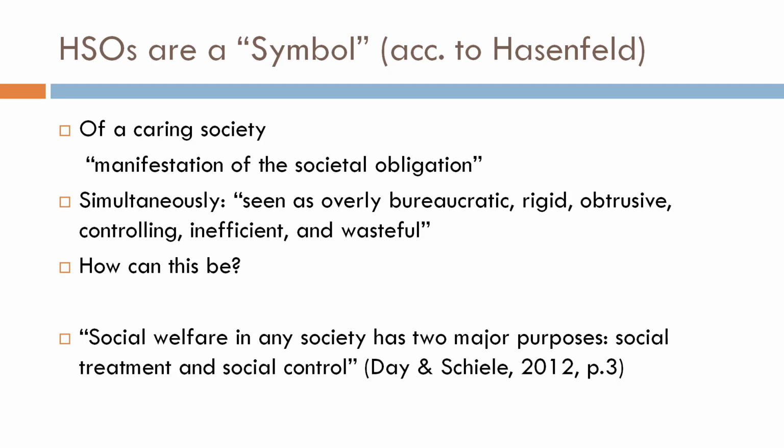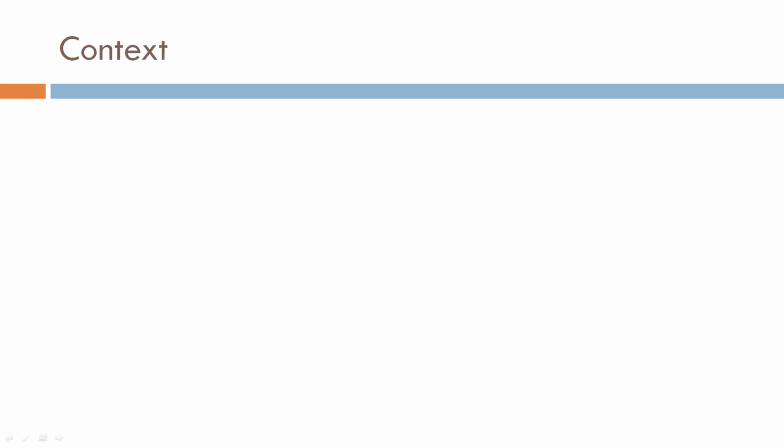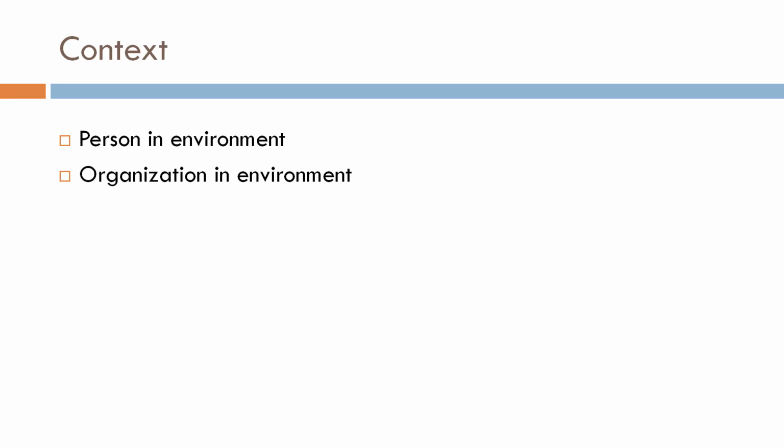Okay. So the only other thing I want to talk about here in this video is the context of human service organizations, the environment, if you will. So when we're talking about understanding people, we focus on the person and the environment. That's sort of the hallmark of social work, right? Well, we also then have to think about organizations in their environment.